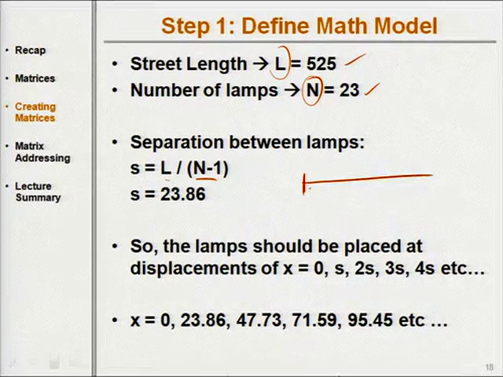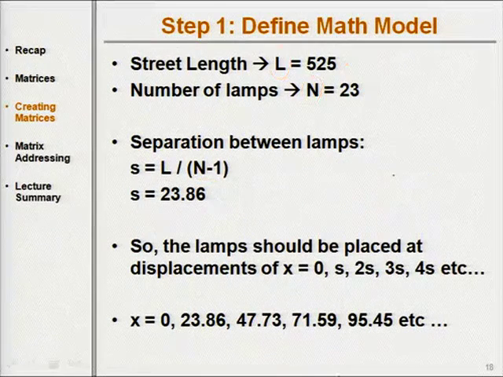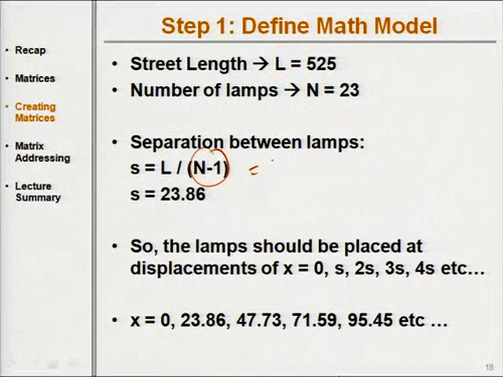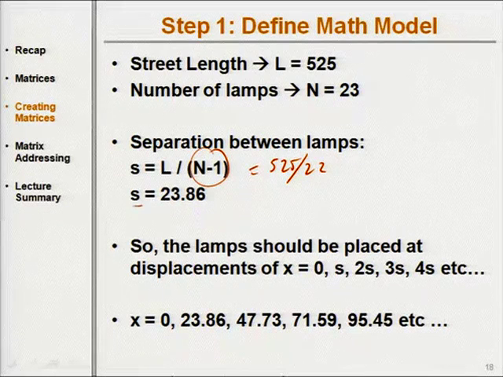Because imagine if you have 1, 2, and 3 lamps. If you have 3 lamps, you will only have 2 intervals. So 23 lamps will mean you have 22 intervals. So you do the calculation 525 divided by 22. That will tell you that your spacing, here given by the variable s, will be 23.86 meters.